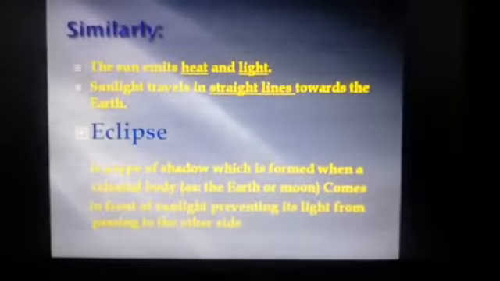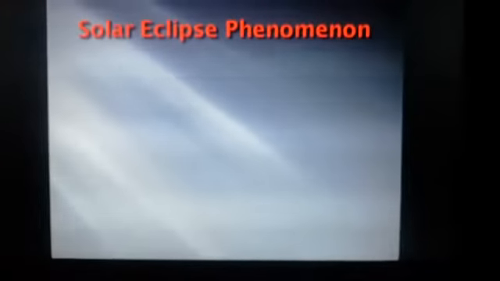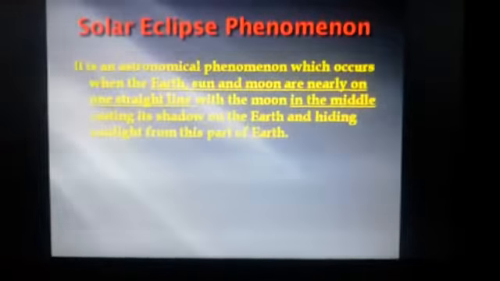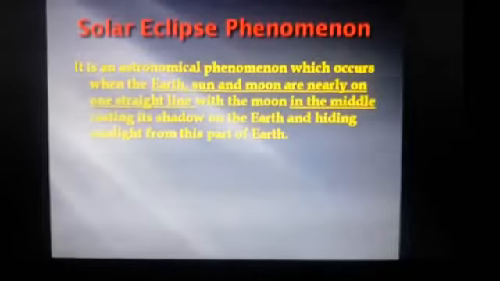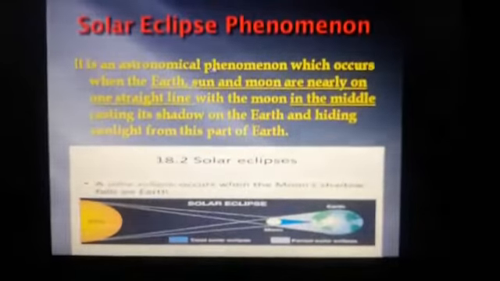The first type is solar eclipse. Let's start with the solar eclipse phenomenon. What's solar eclipse phenomenon? It's an astronomical phenomenon.